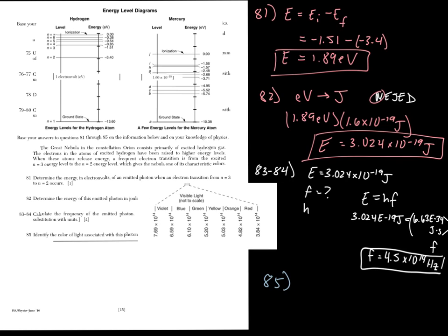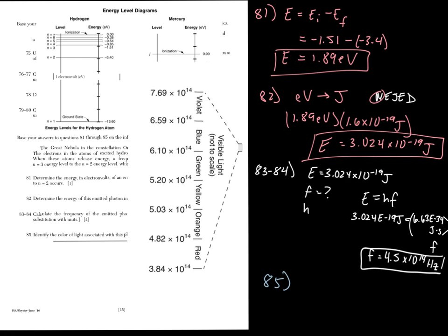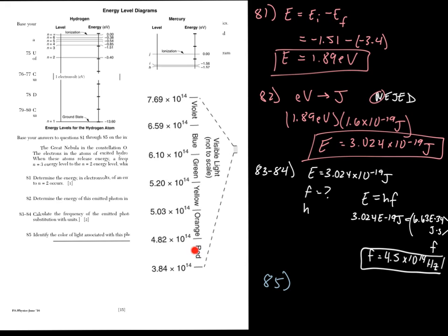And see, these values for each color are only given for frequencies. So if we have 4.5, that means we have to look at this. Let's tilt this over. We're in this range, which falls under red. So the color of our light right here is red. That's all you need to state.